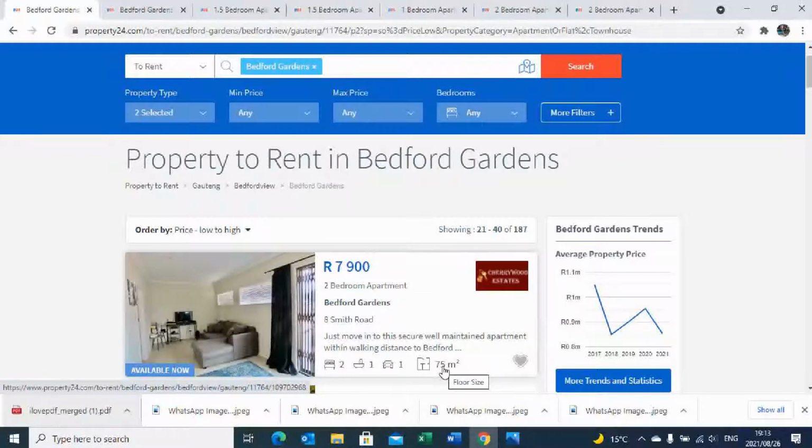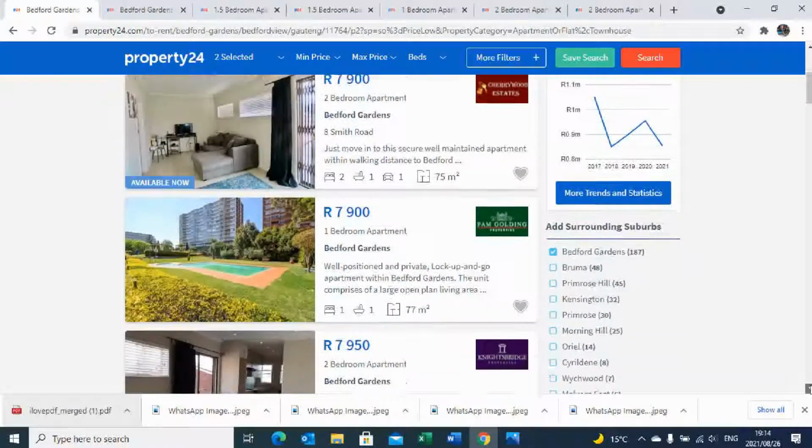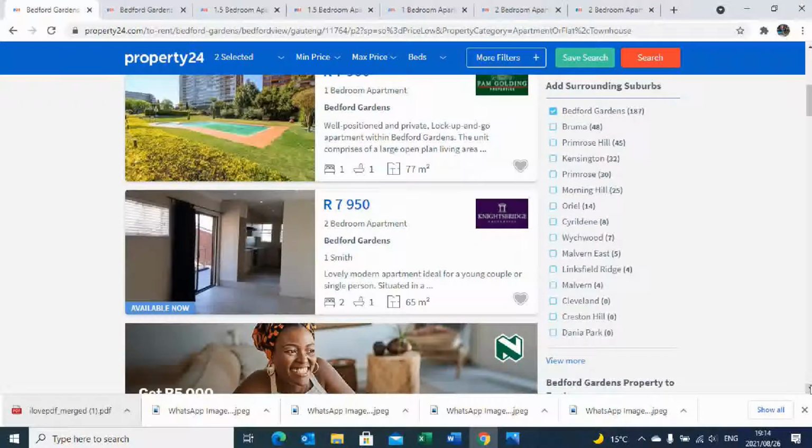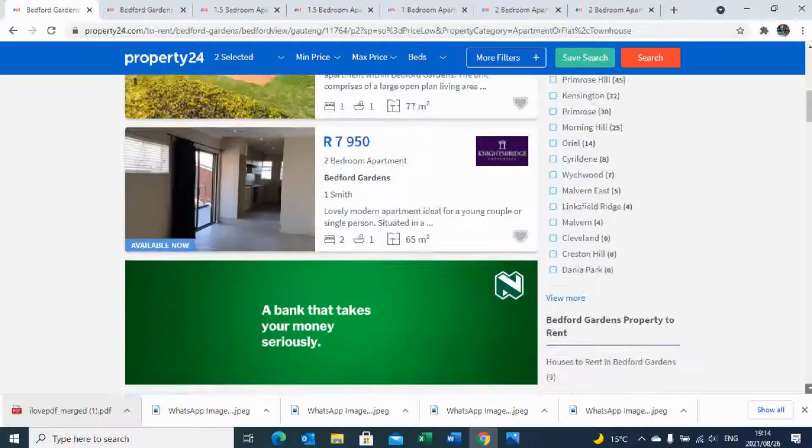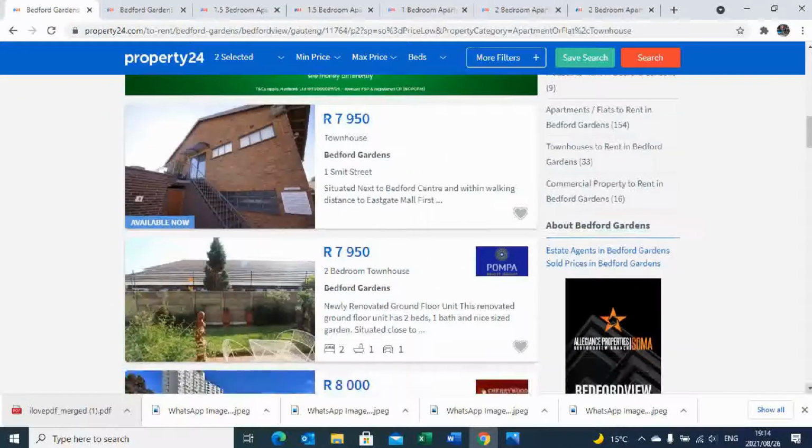So that means as much as yours is big at 77 square meters, it's not as functional as this one, because with this one you get 2 proper bedrooms. Okay, so 1 room for the parents, 1 room for the children. Chances are this might even be more attractive than our property. So all of these things, you consider them. There's another one, 7,009. Okay, you consider all of this.